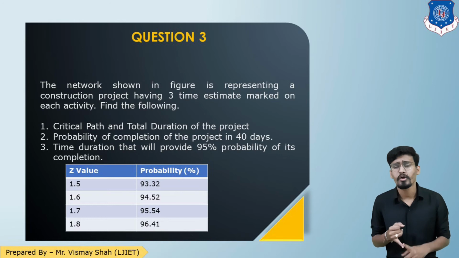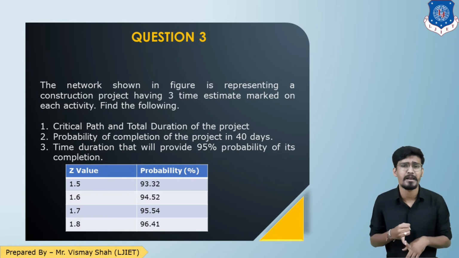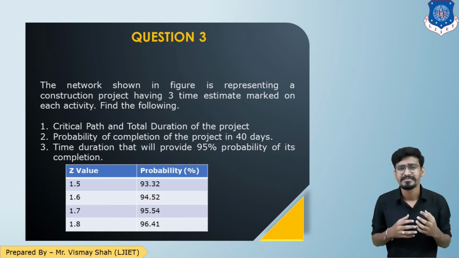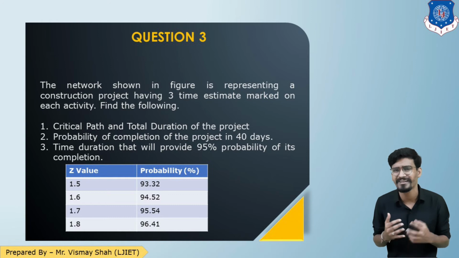First, the total duration of the project and critical path, the probability of the project completing in the scheduled time of 40 days, and what will be the time of the project if the probability of completion is 95%. Also, the corresponding value of Z has to be taken from the table. So here, as you can see, the Z and probability table is given for 1.5, 1.6, 1.7 and 1.8.